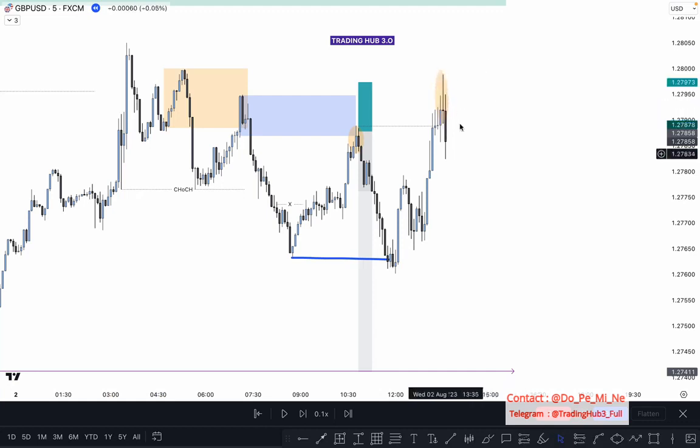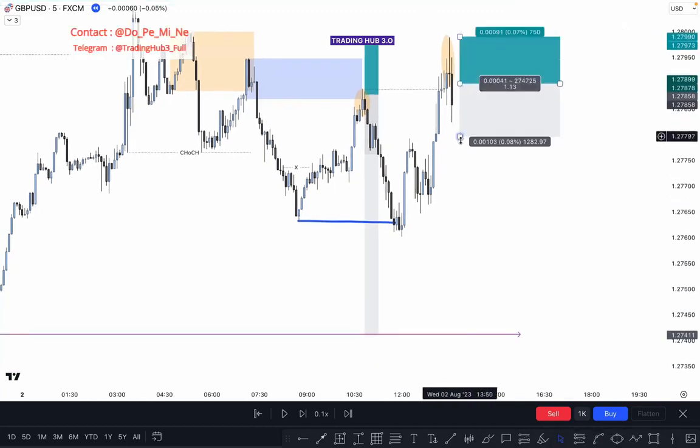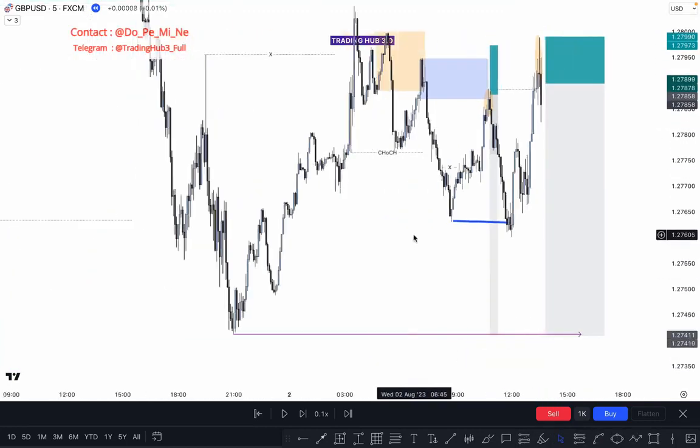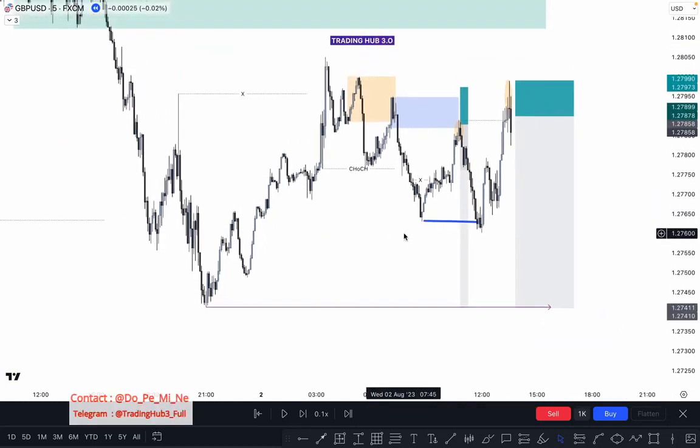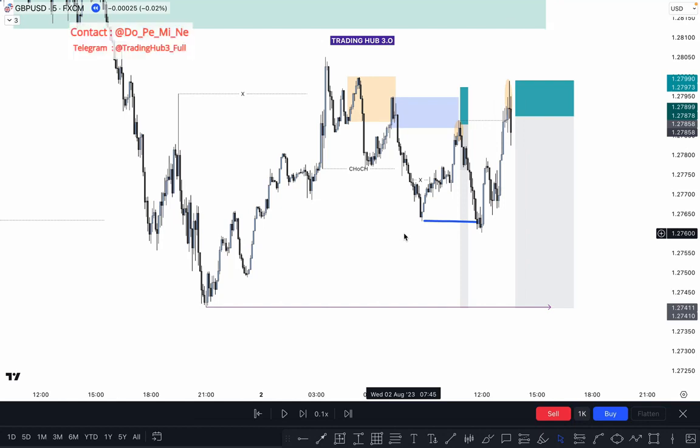So if price comes back again to mitigate this candle, we can sell here and put the stop loss just above it, and where is the target? Right here, right? The main thing is after the break of structure, you have to wait for it in a lower time frame. Simply in a lower time frame, choch flip or single candle order block, then we can sell. Simple.